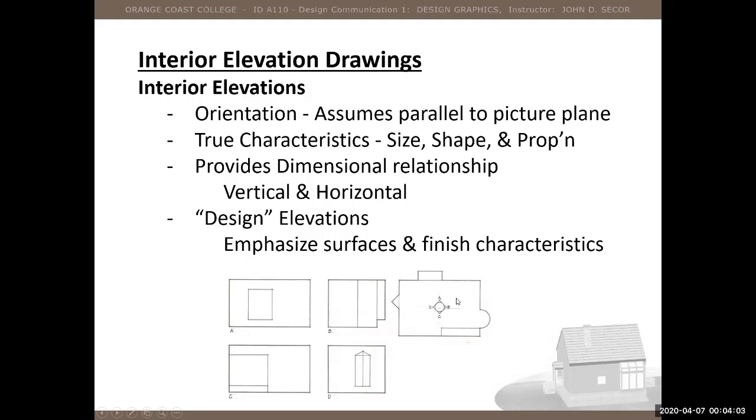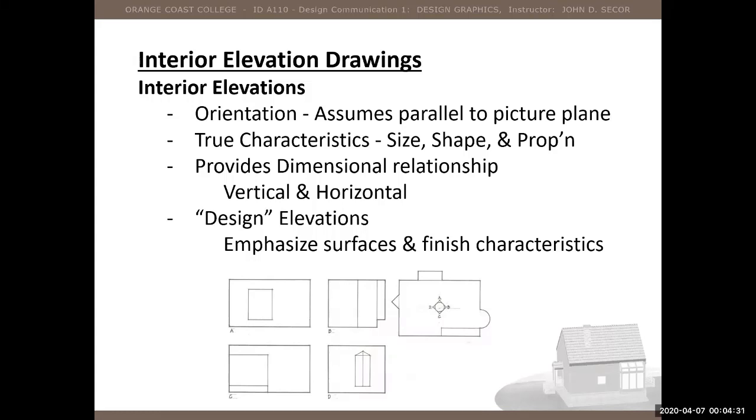Now, I'm going to stop for a second and remind you that when we did last week's assignment, we were able to discuss the elevations from the standpoint of north, south, east, and west. That relationship was found by use of the north arrow on the plans.